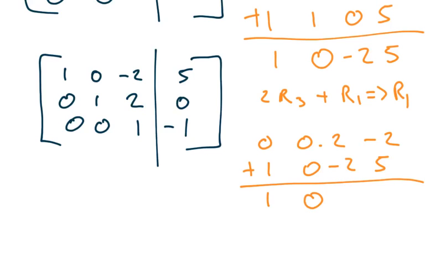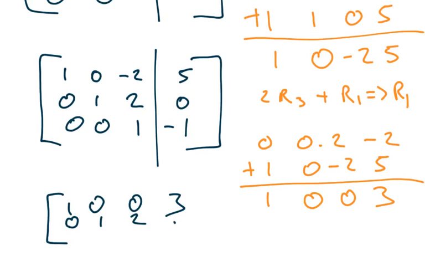When we add them together, we get 1, 0, 0, 3. So now I'm going to rewrite it. It's going to become 1, 0, 0, 3, 0, 1, 2, 0, 0, 0, 1, negative 1.